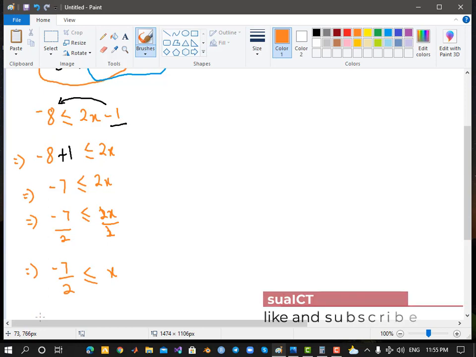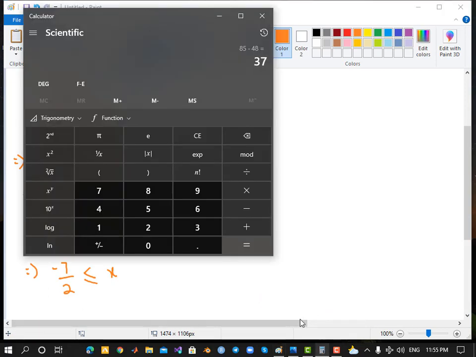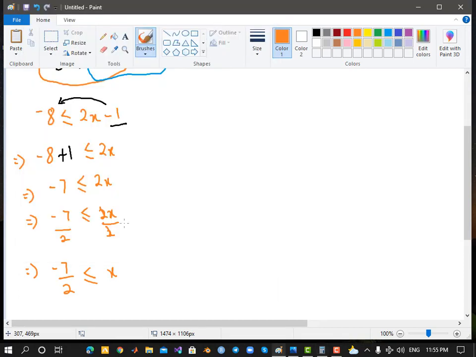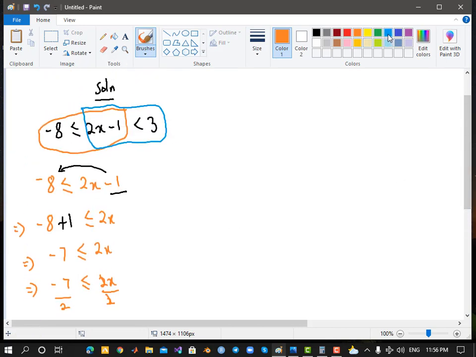If we convert this to decimal form, pick your calculator, 7 divided by 2, we're going to get 3.5. So we say negative 3.5 is less than or equal to x. Now that you have solved this side, let's check the other one.